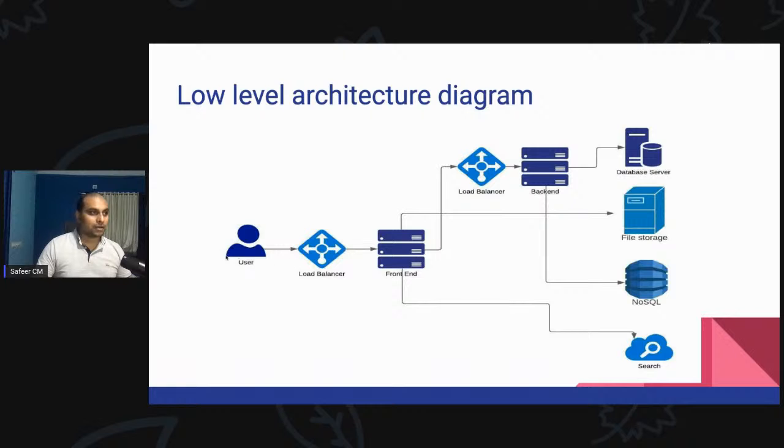Let us look at various use cases. I am a user, I'm coming here and posting a question. It has to go to the backend and to be processed, right? So the request comes through here, front end passes the request to the load balancer of the backend. That load balancer essentially distributes the traffic to one of the backend servers, which would add the request or the query to a NoSQL store.